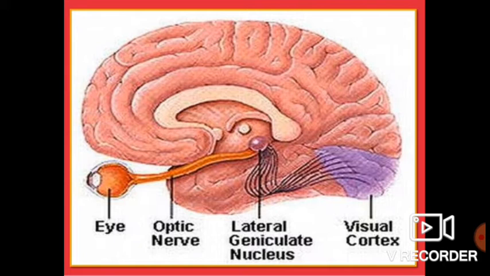Eye directly connected to the brain by optic nerve. Optic nerve connected to the lateral geniculate nucleus and visual cortex is also labeled in this diagram.